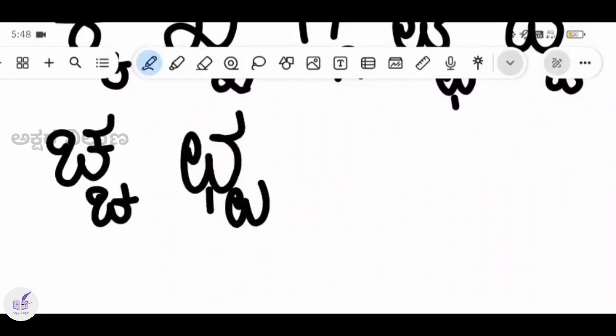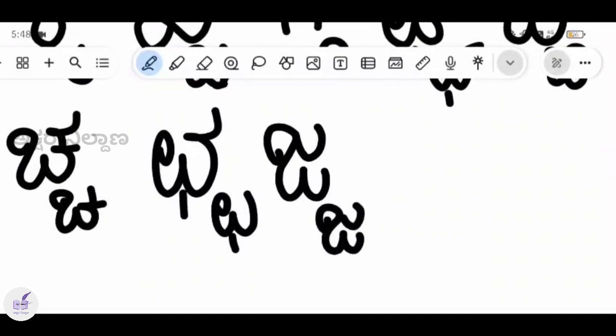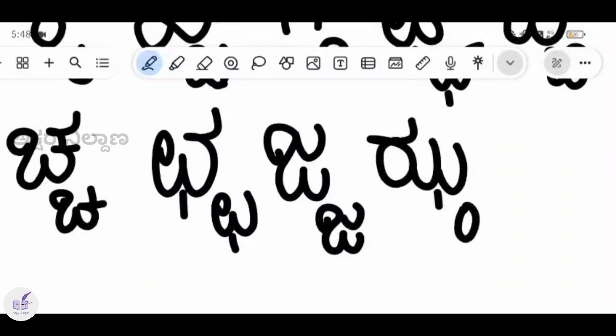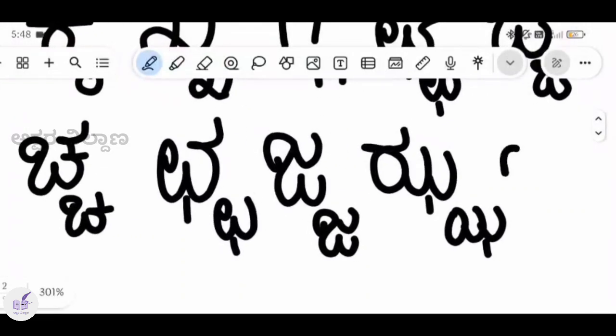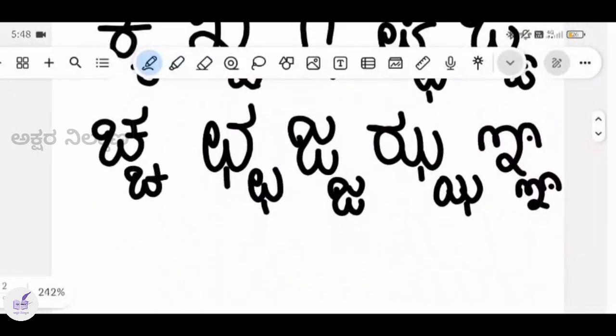Let me write it clearly. The next is jage, javattu. Next jage, javattu. Then comes nyage, nyavattu. Which is the next line?